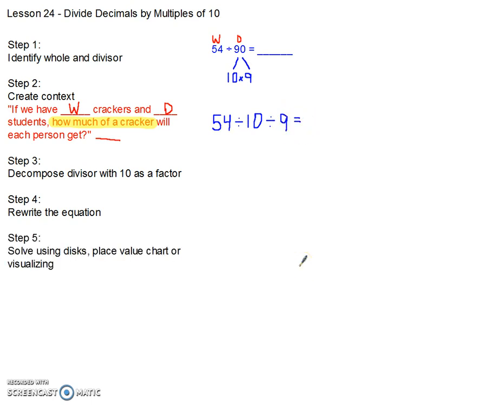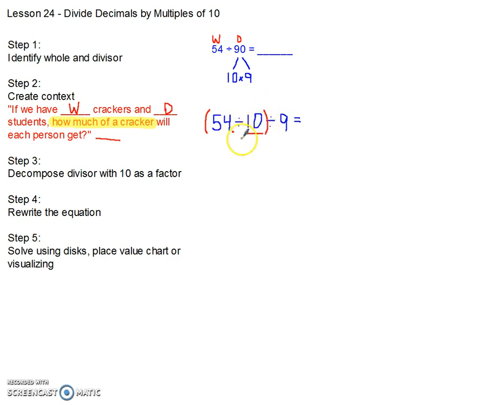Here, in Step 5, I can get into solving my problem. And you can solve these problems in any way that works best for you. It can be using discs, you can use a place value chart, or you can visualize using movement of the decimal. I'm going to use moving of the decimal. I'm starting left to right, because that just works easiest for me.